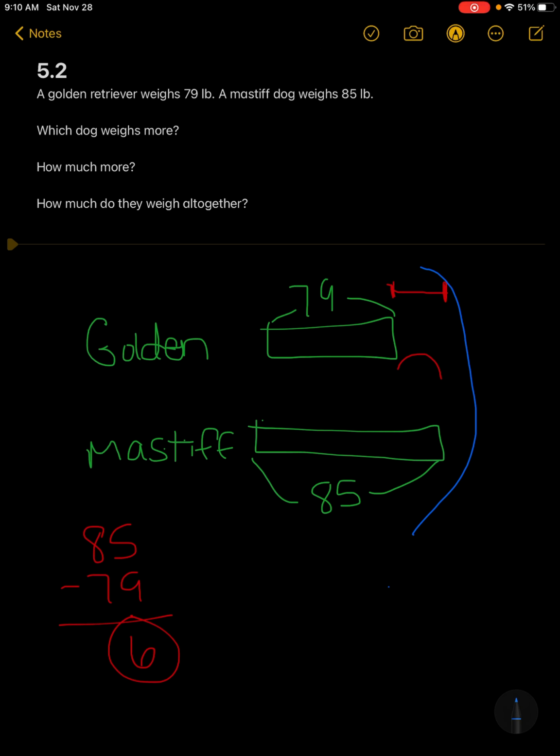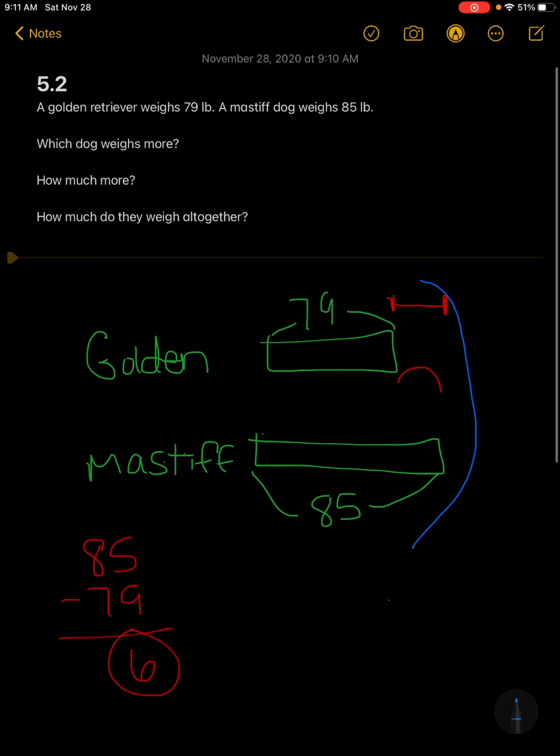Now, let's make sure that we're realizing what the actual values are here. 79 is a weight of a dog. It's the weight of the Golden Retriever. 85 is the weight of a dog. It's the weight of the Mastiff. 6 is not a weight of a dog. So that is actually not going to be added in our addition bracket here.